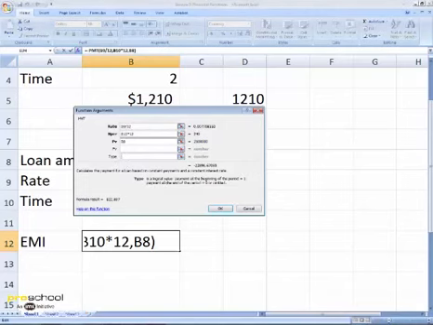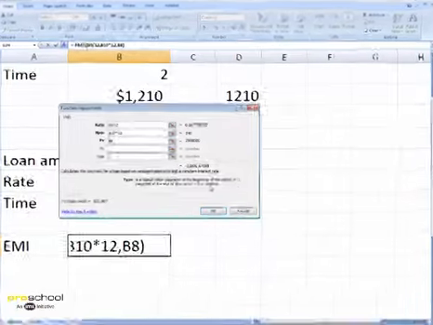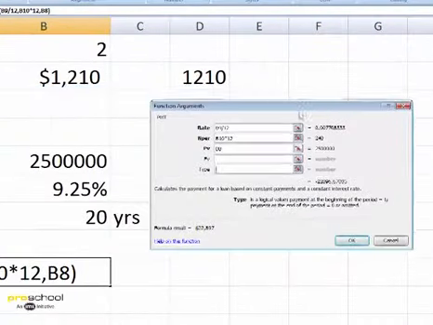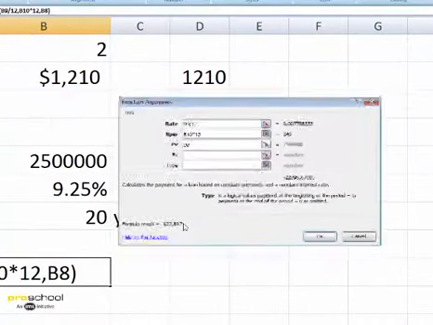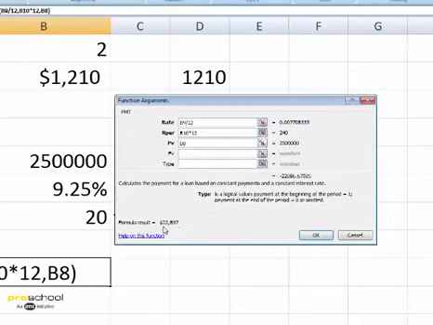It says type is a logical value: payment at the beginning of the period is 1, payment at the end of the period is 0 or omitted. Which means when we omitted this value, we assumed the payment is happening at the end of the period, and hence we got a particular EMI value, which was 22987, which you can see here also, formula result 22987.